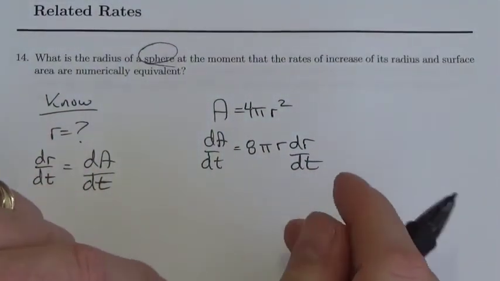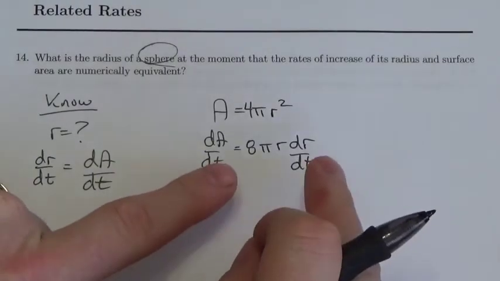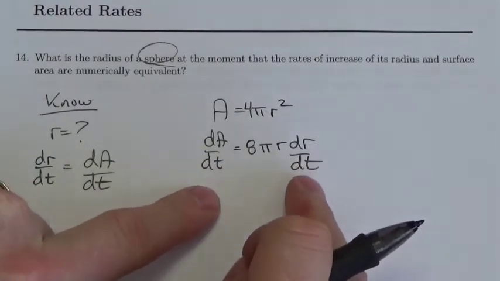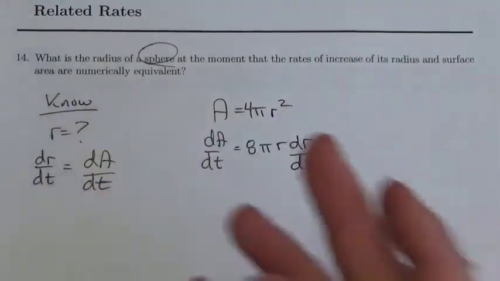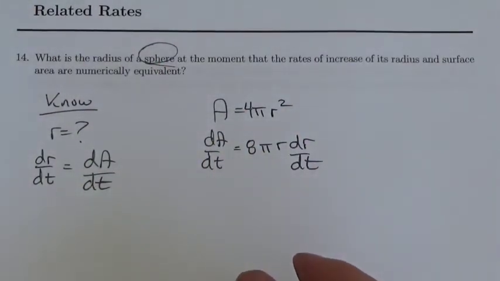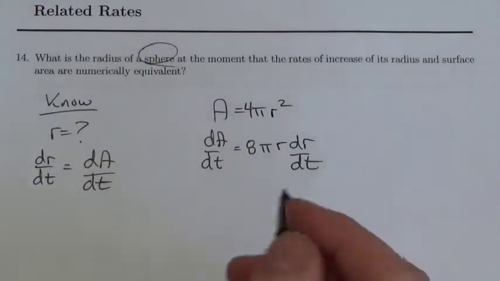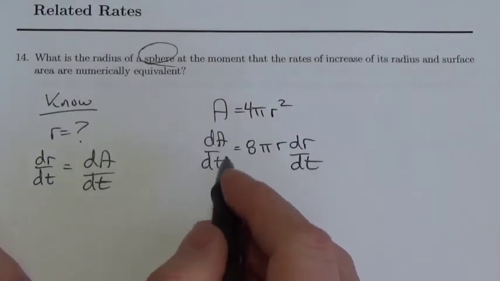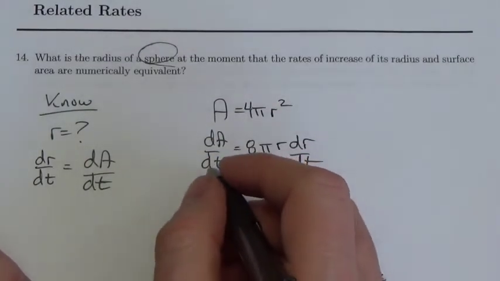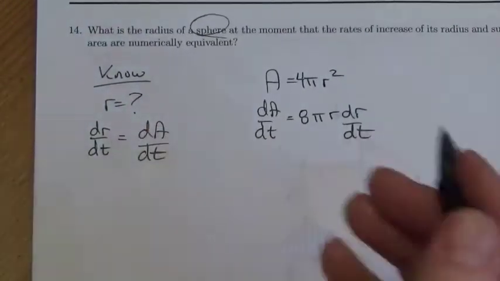Now, we're looking for it at the instant that these two are numerically the same, even though in terms of their units they're not the same. Let's just throw in some numbers here.